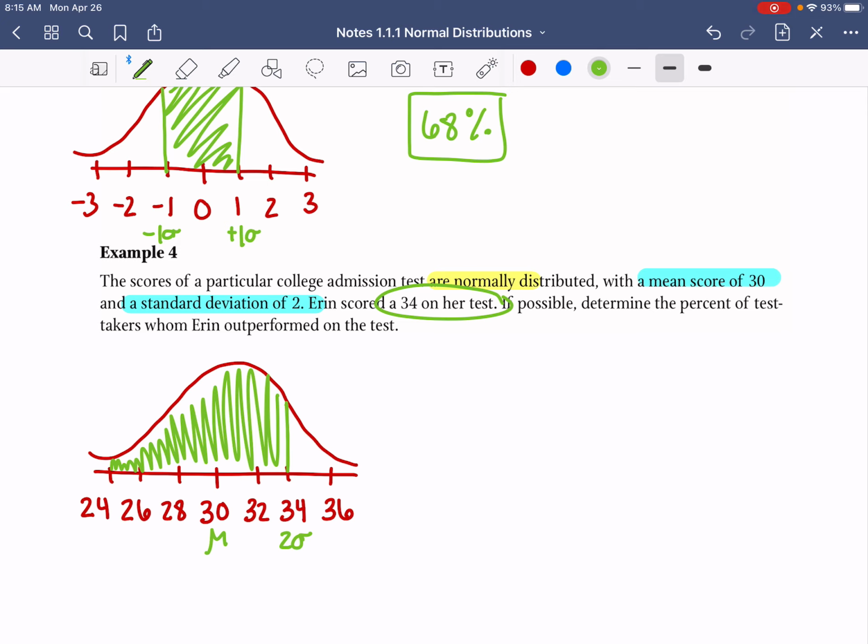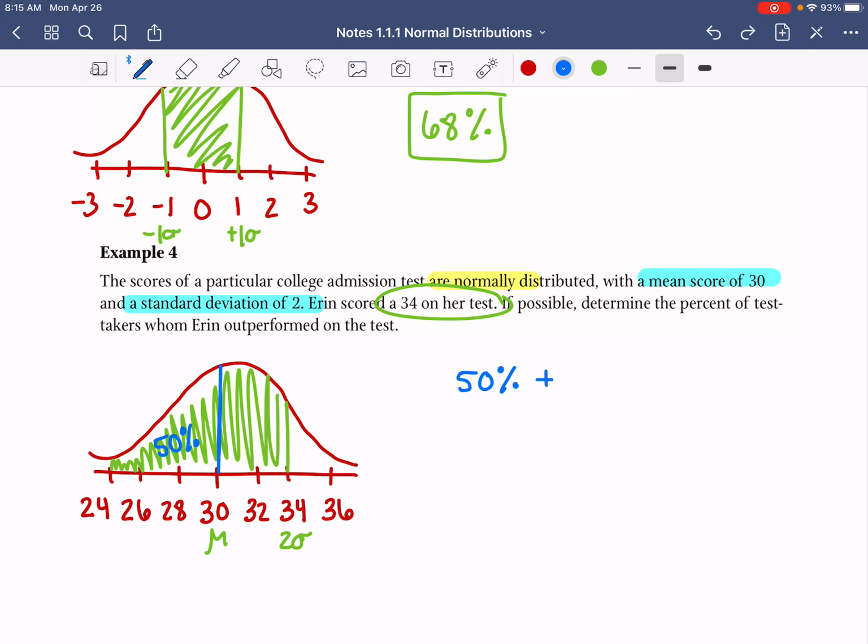There's a couple different ways we can do this, but one way is we could look at the mean, which is the center. It's not very centered on my curve, but this piece right here would be 50% of the data. From the mean less, that would be 50% of our data. So that means that she outdid 50% plus whatever this piece is right here.